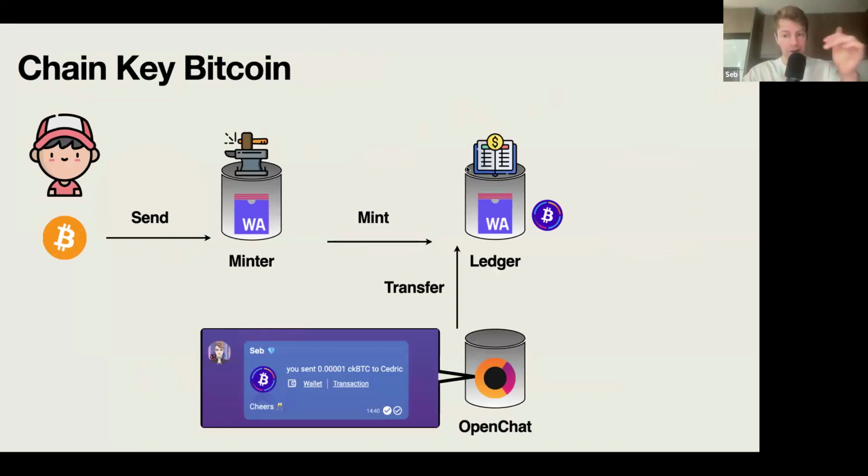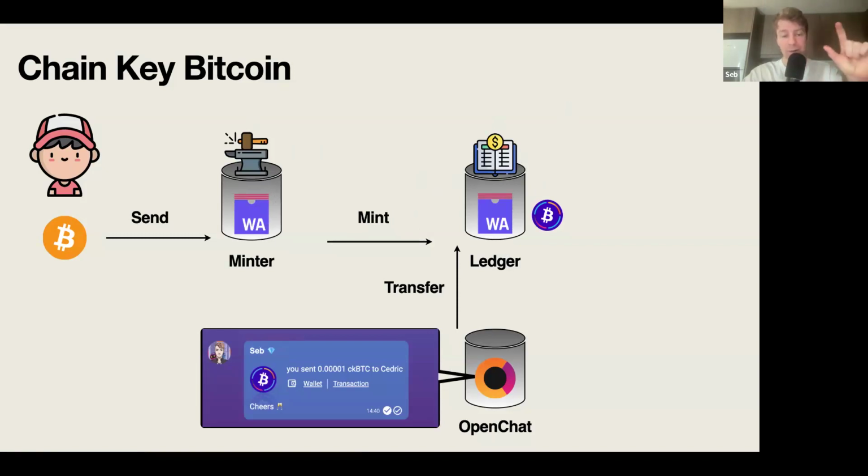The ledger canister is the one that follows the ICRC-1 standard, and it contains the chain key Bitcoin transactions, balances, transfer method, and so on. The mint function and the burn function of the ledger can only be used by the minter canister.